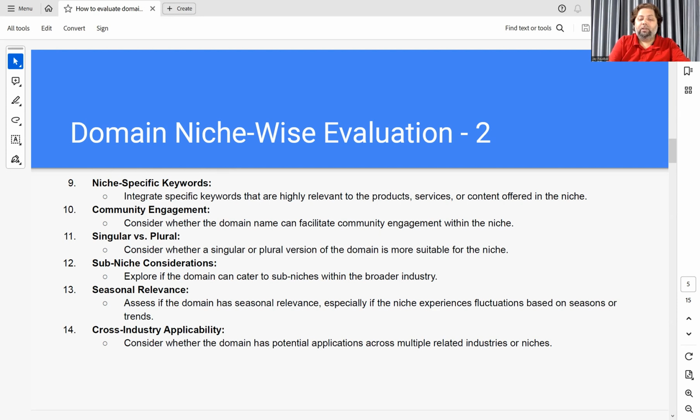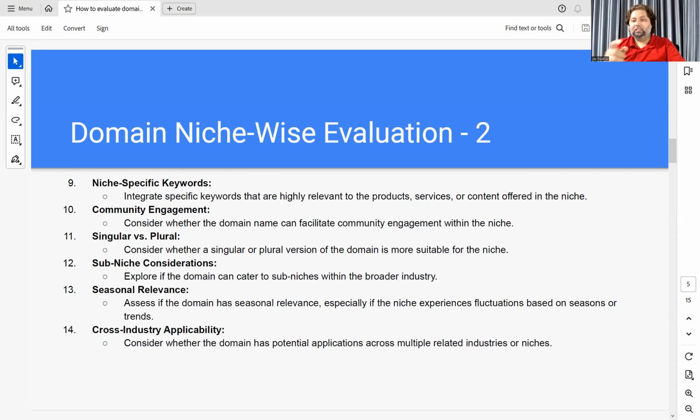You must have heard about this domain. In the case of domaintool.com versus domaintools.com, the plural is better. But in the case of mobile stores versus mobilestore.com, the singular is better.